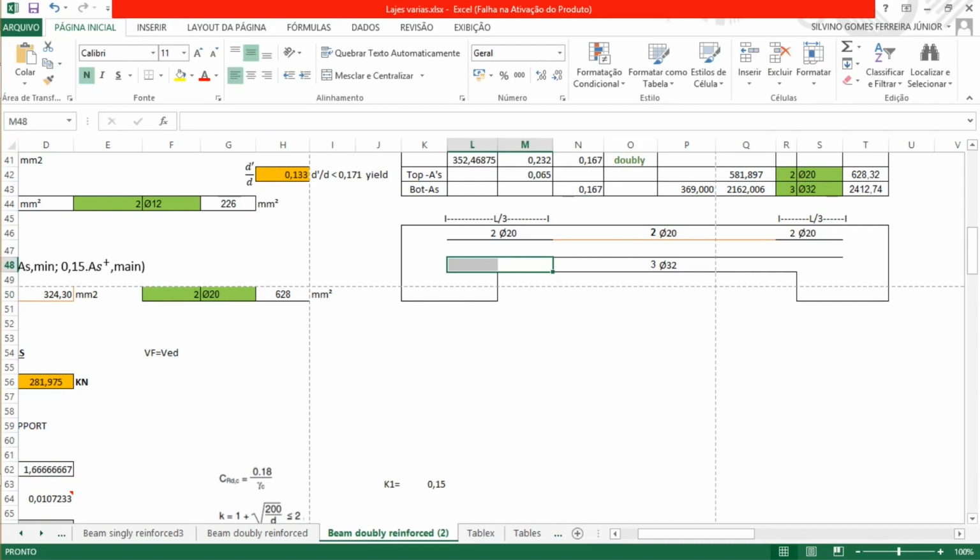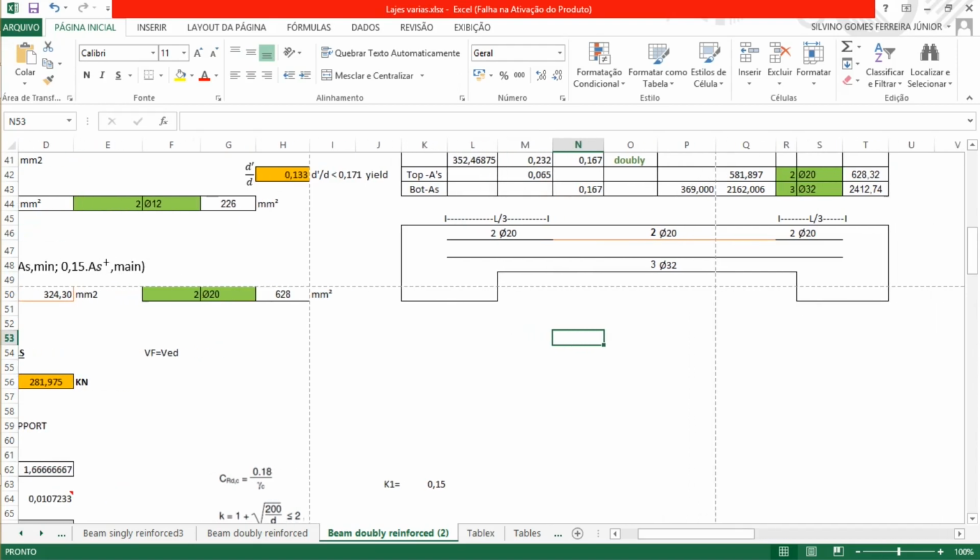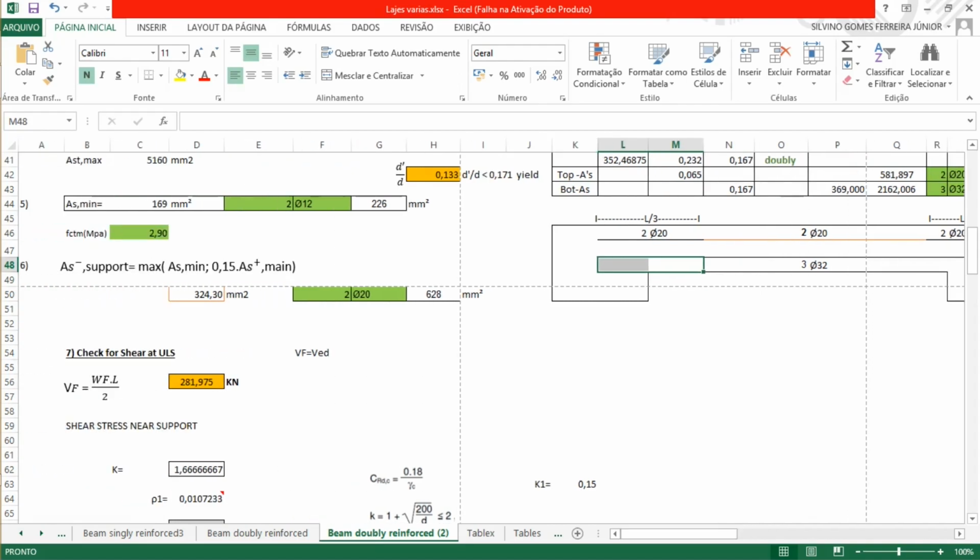We could use 100%, but we would be spending steel that we don't need. So here we can reduce it by at least 50%. We could reduce 40%, but since we don't want to scallop and detail a lot of steel, we go for 50% and we'll get the correct value immediately.